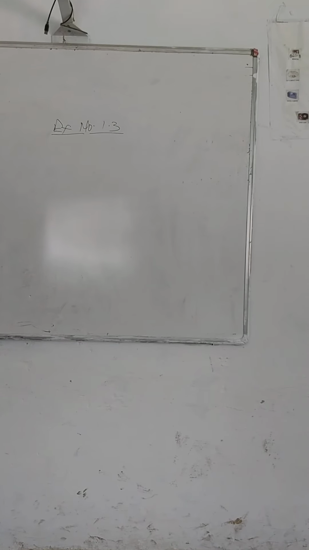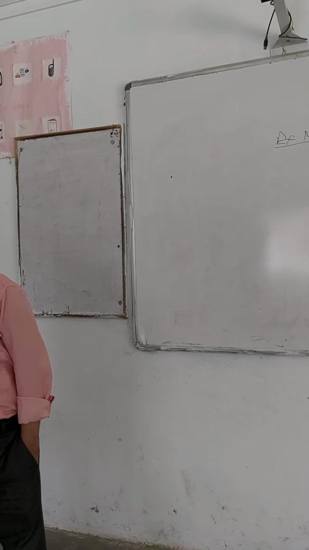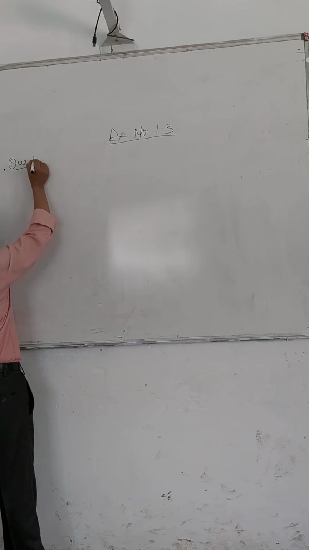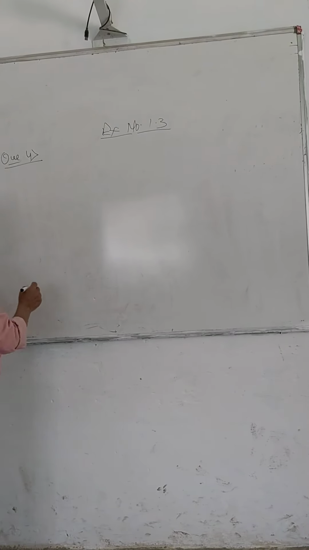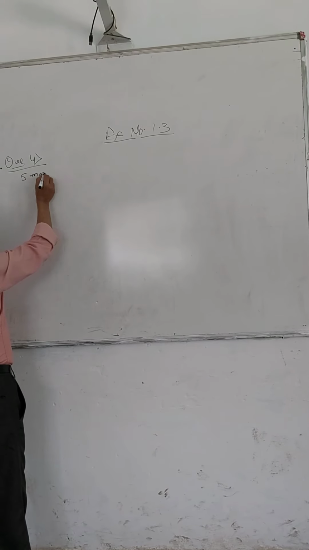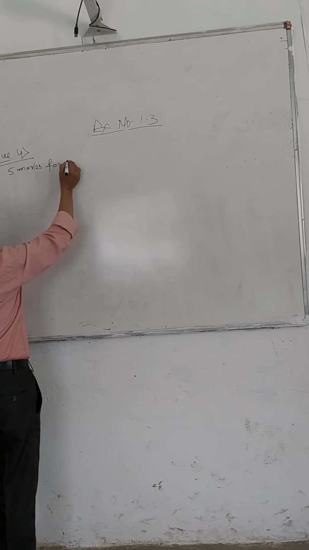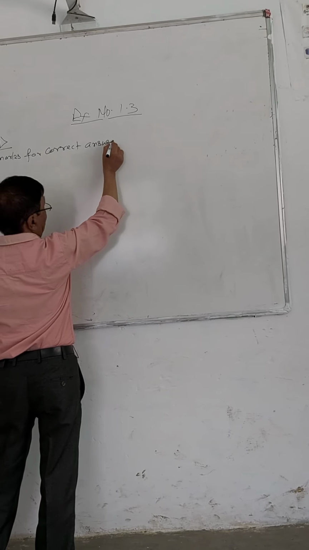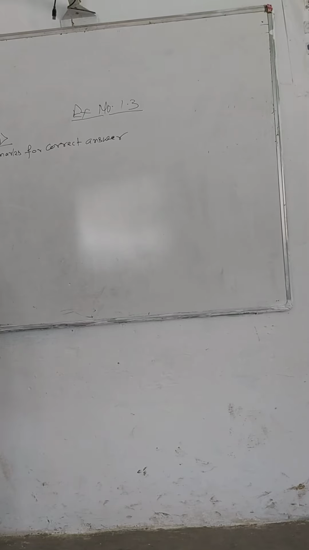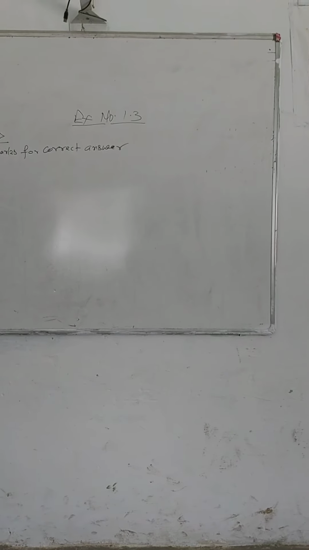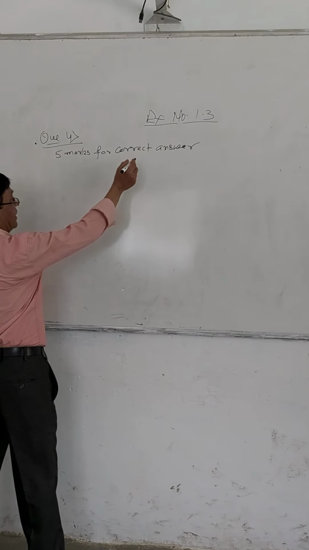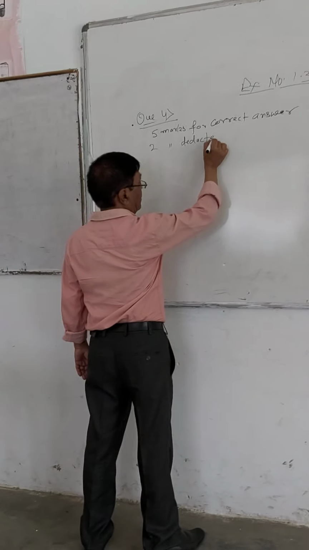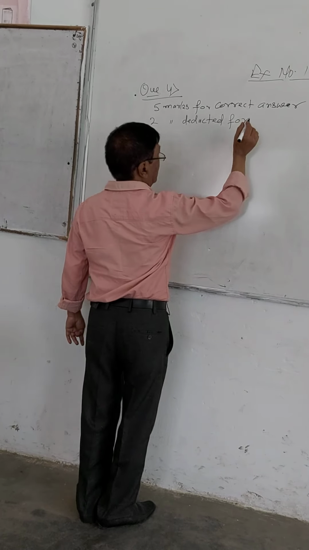In a competitive exam, 5 marks are awarded for each correct answer, and 2 marks are deducted for each incorrect answer. 5 marks for correct answer and 2 marks deducted for incorrect answer.